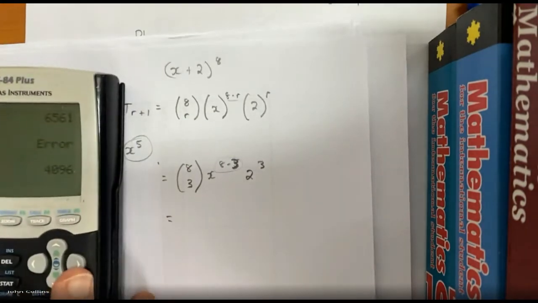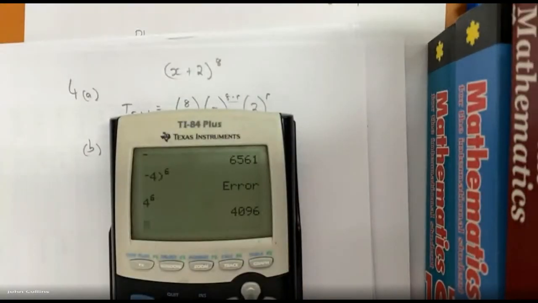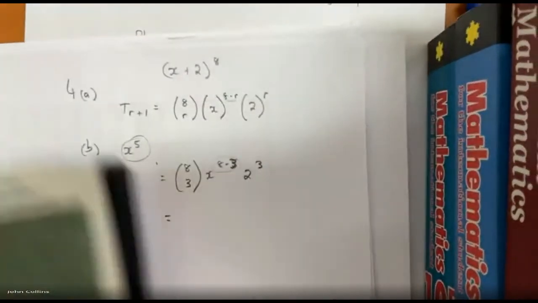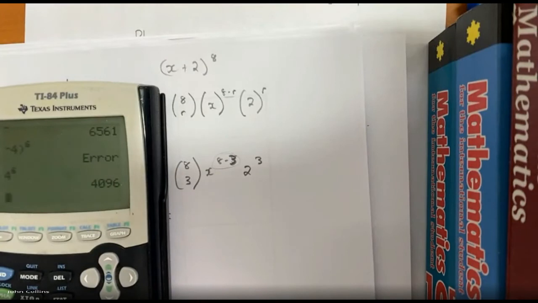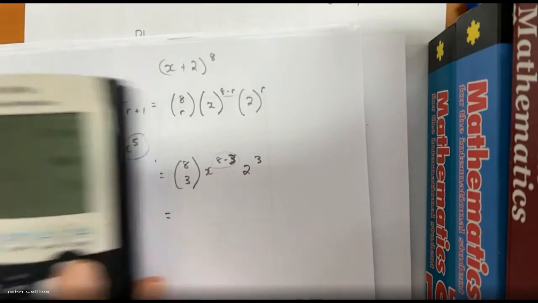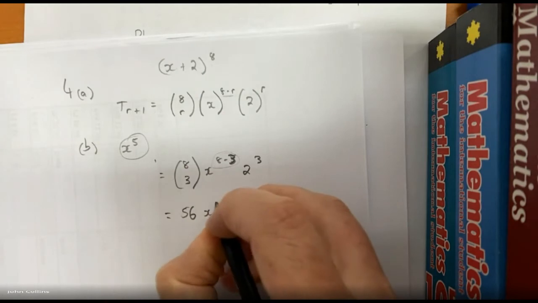From then on, what you guys would have done if you didn't have the general term is just use your Pascal's triangle to find what that one would have been. You can go 8 rows, that's not that difficult. But now that we have 8 nCr, math, go across, nCr 3, 56. 56 x to the 5.